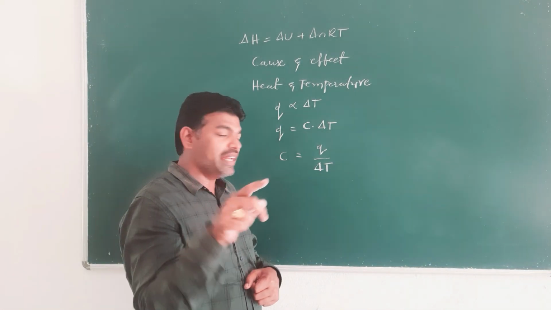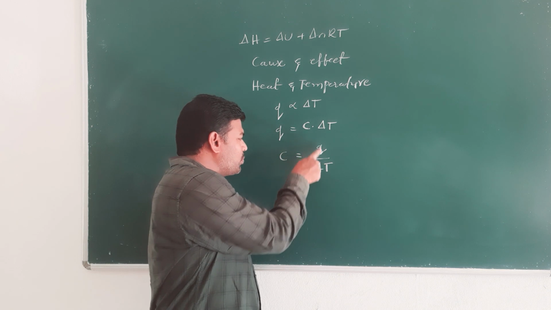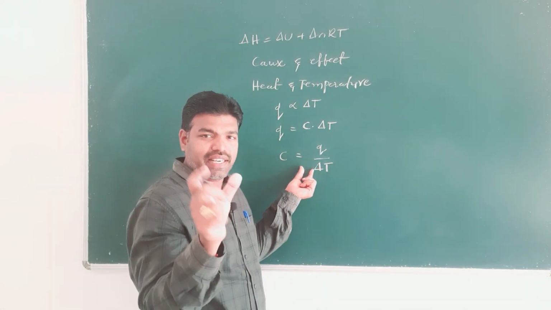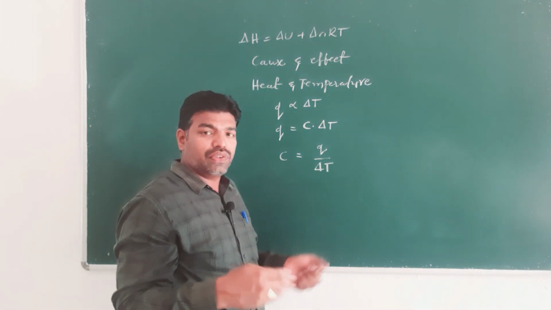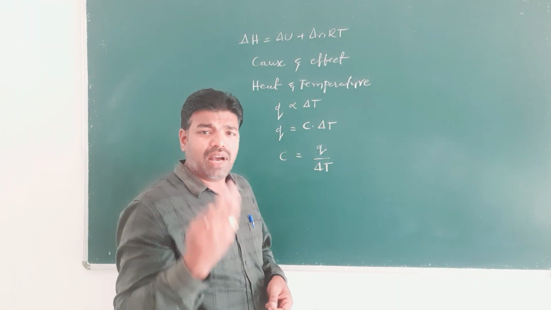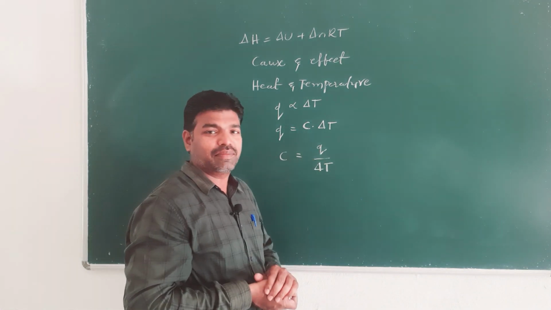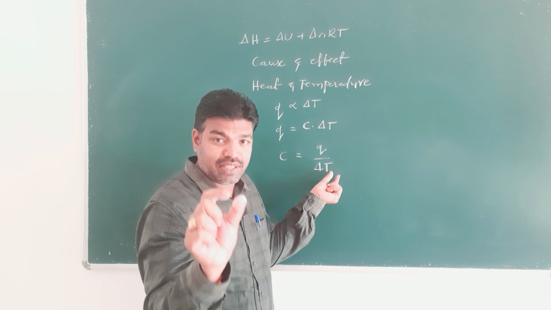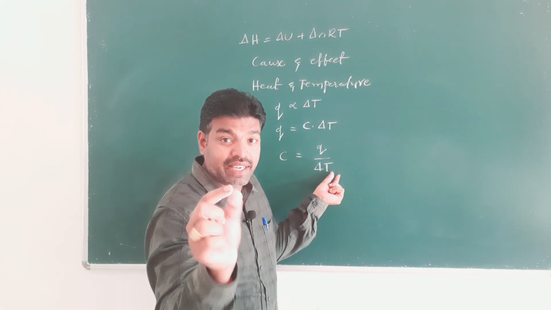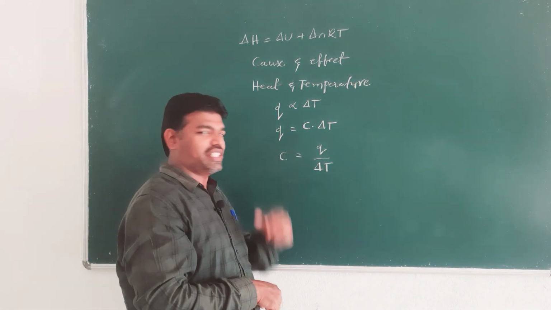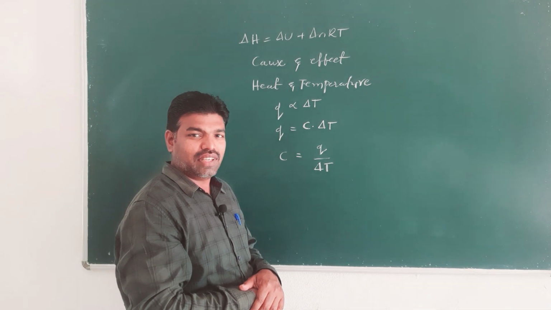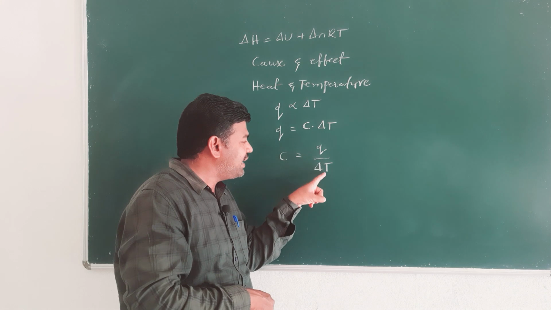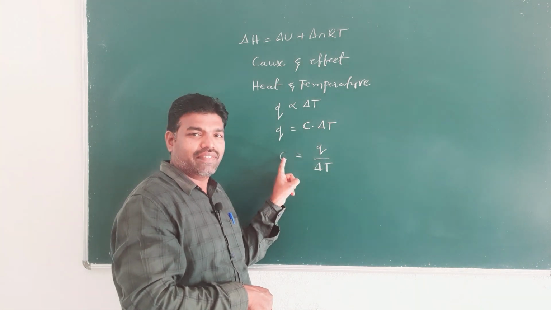Where C is equal to Q by delta T, this equation tells you that if we pass Q amount of heat to the system, that will raise the temperature of the system to a small extent if the heat capacity is large, and vice versa. Q by delta T is a positive quantity where C is positive.